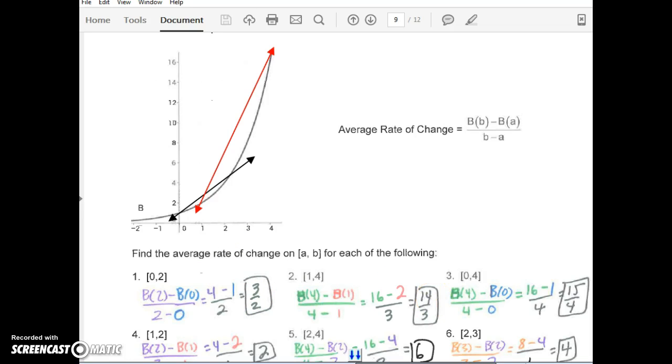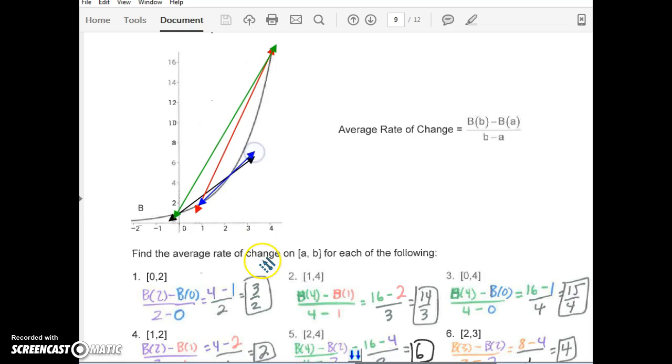Then I can take 0 to 4 and do the same type of thing. From here to here, not quite as steep as the red line. That number is actually going to be a little bit smaller. I can do the same thing from 1 to 2, the value at 1 to the value at 2.